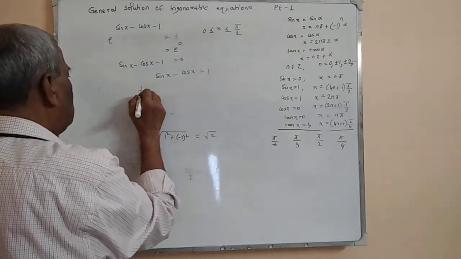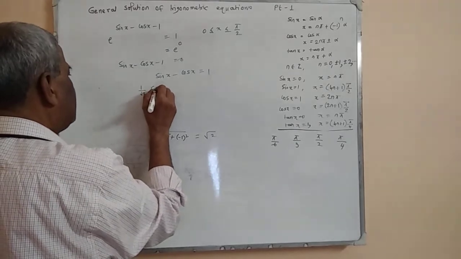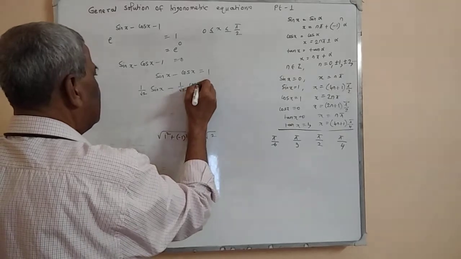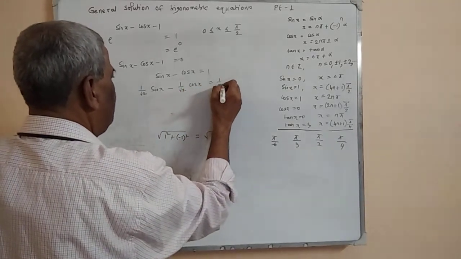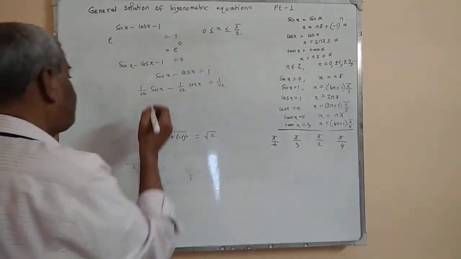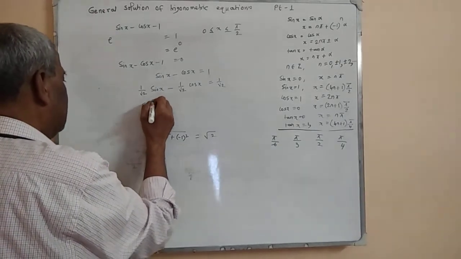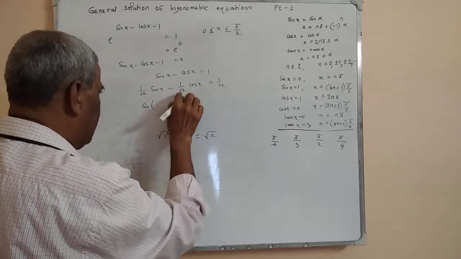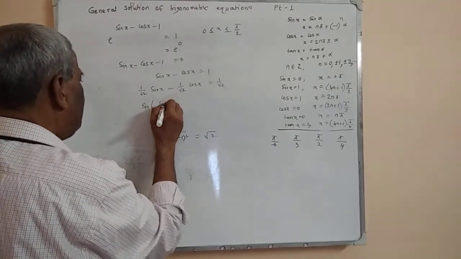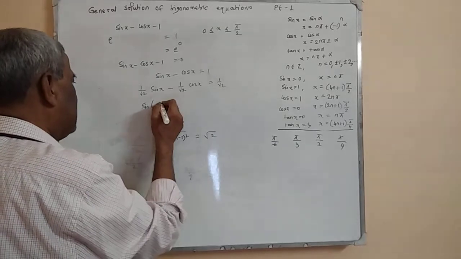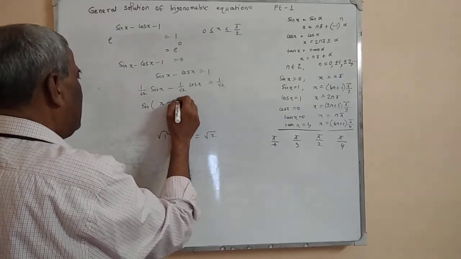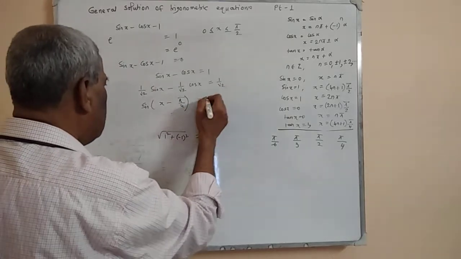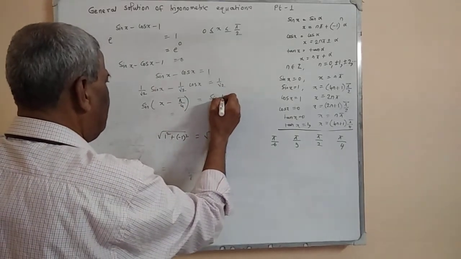It is 1 by root 2 sin x minus 1 by root 2 cos x is equal to 1 by root 2. And it becomes sin x cos 45 degree minus cos x sin 45 degree, so it is sine of x minus 45 degree, that is pi by 4, is equal to 1 by root 2, which is sine 45 degree.